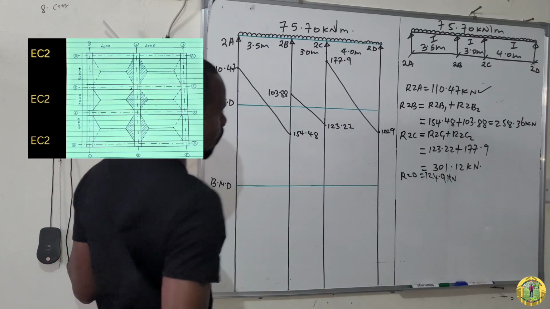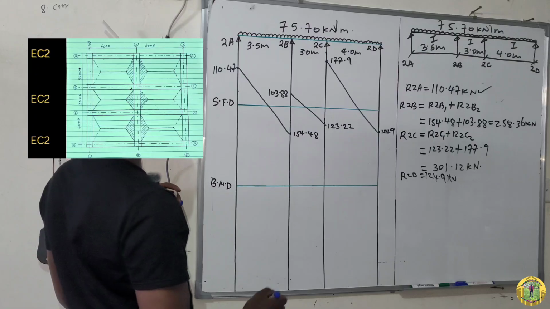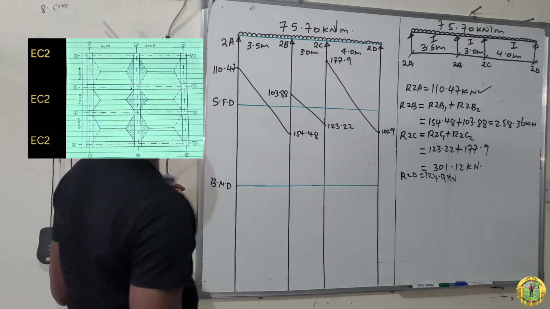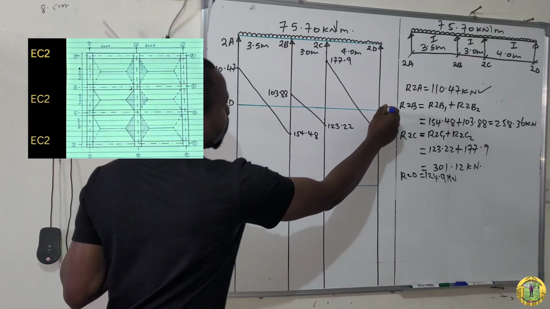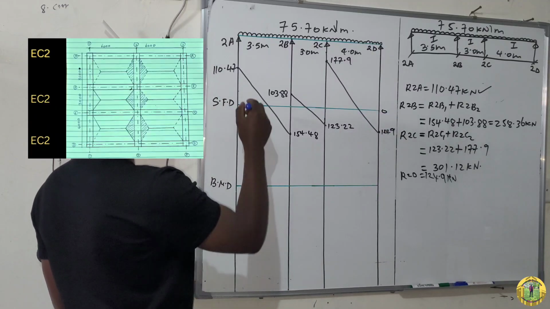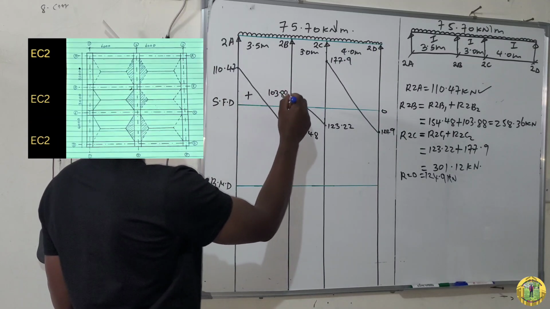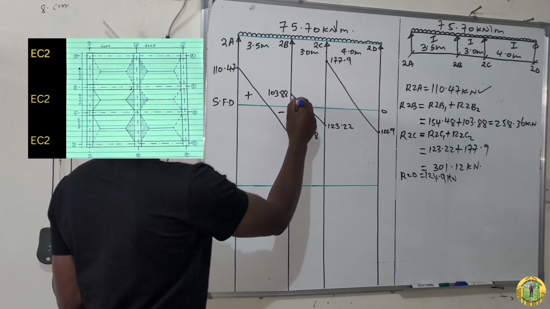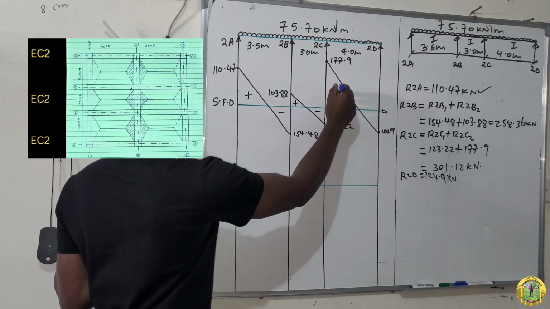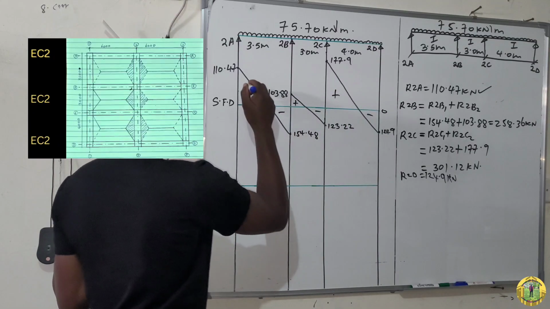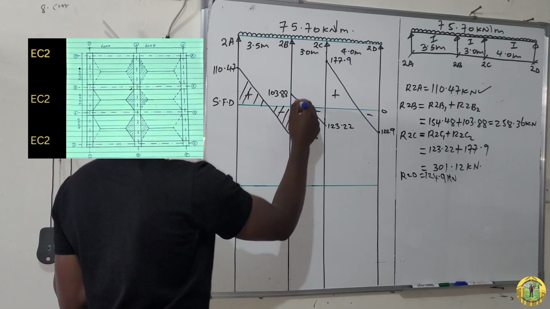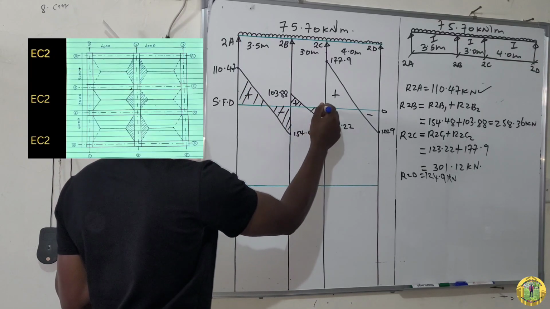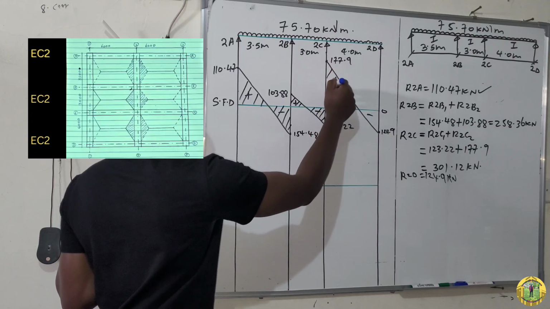I forgot to include that there. So take this minus 124.9, add 124.9, and you'll go back to 0. So this one is positive, negative, positive, negative, positive, negative. So that is the shear force diagram for our beam.